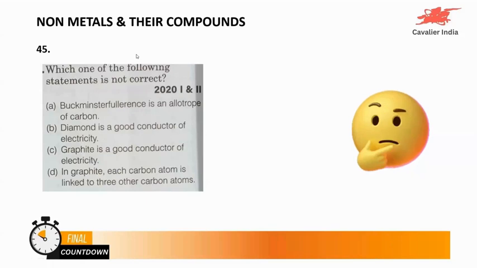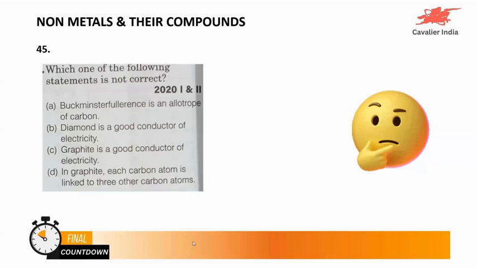Yes, very good, your answer is correct. That means the statement that diamond is a good conductor of electricity is wrong, because diamond is a bad conductor. In diamond, each carbon atom is linked to four other carbon atoms tetrahedrally, and there is no free electron for conduction of electricity.